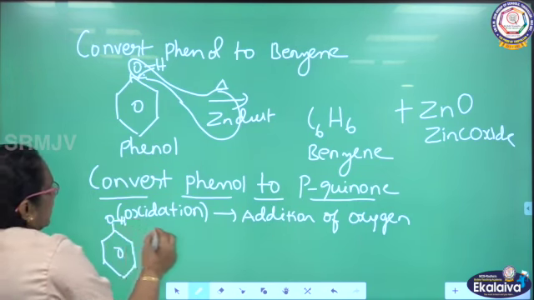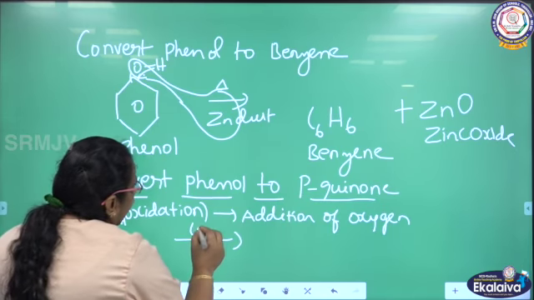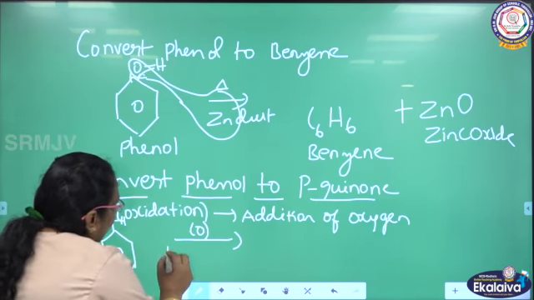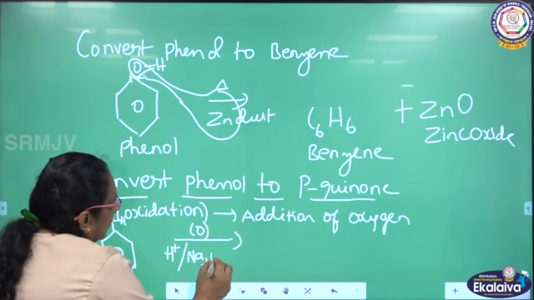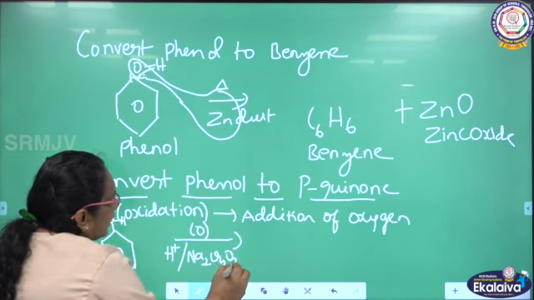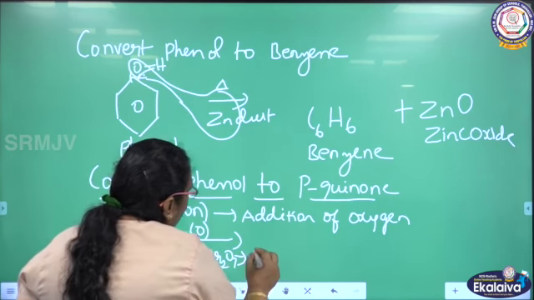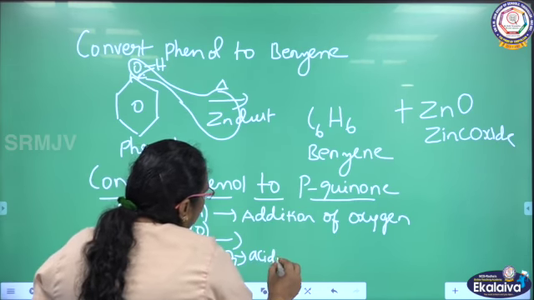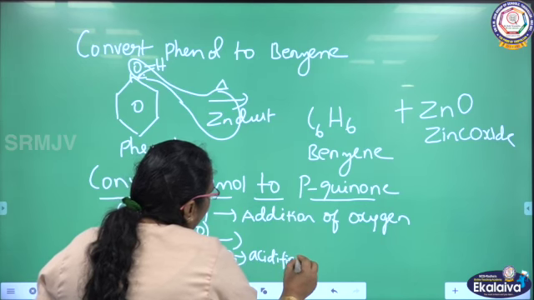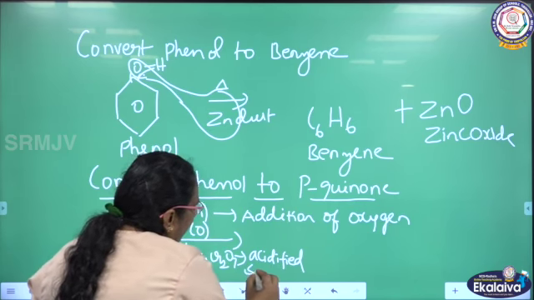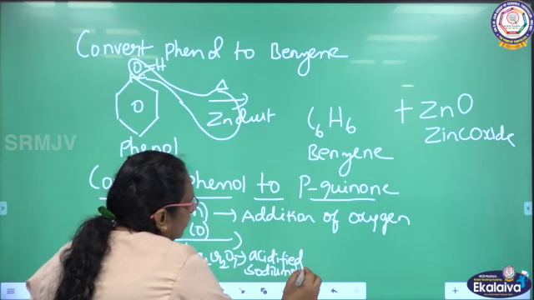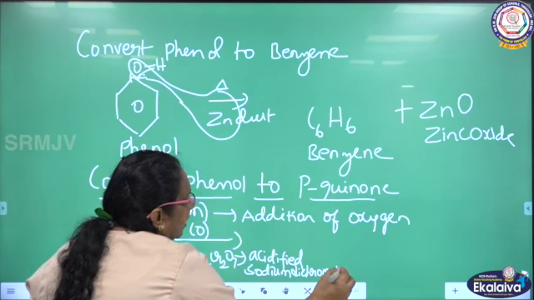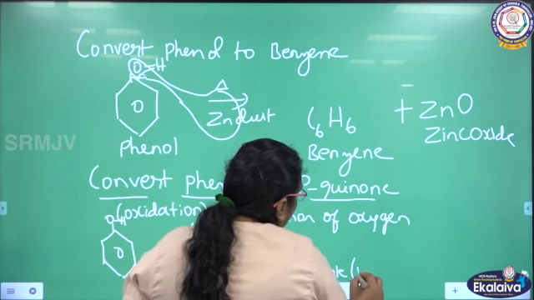Phenol undergoes oxidation. What is the oxidizing agent we are using here? Acidified sodium dichromate. How do we call this reagent? Acidified sodium dichromate, which is a powerful oxidizing agent.